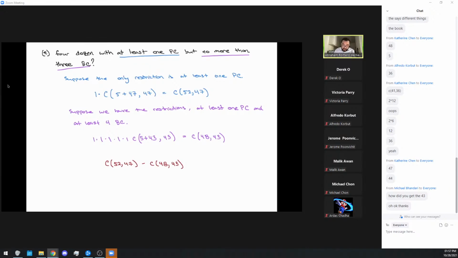By subtracting those, I get what I want, which is the set of 4 dozen that has at least 1 plain croissant, but no more than 3 broccoli croissants.